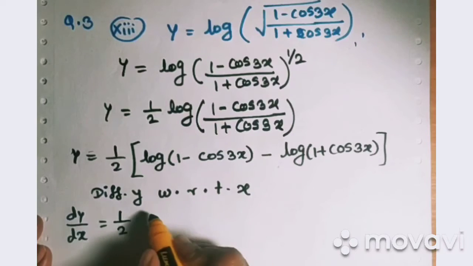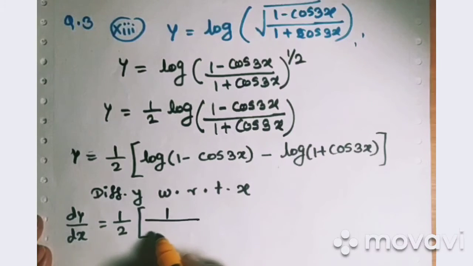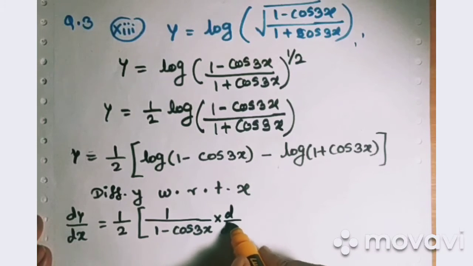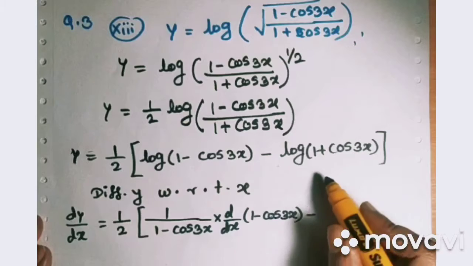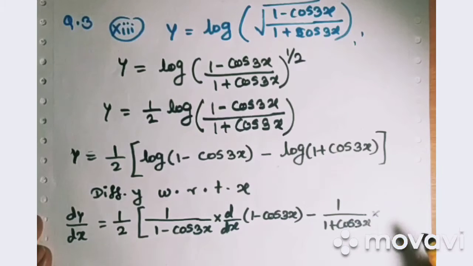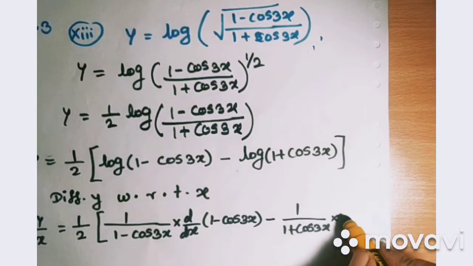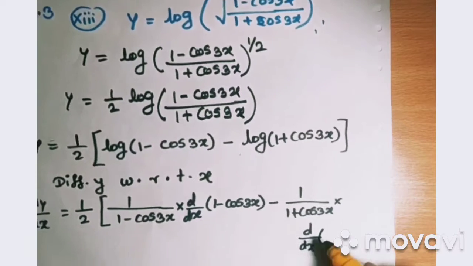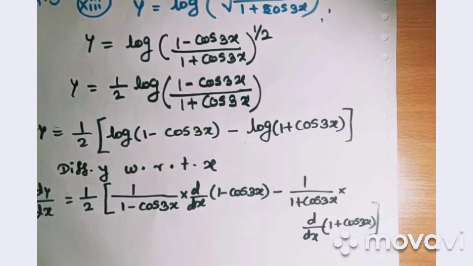Keep 1 upon 2 as it is, and the derivative of log of (1 minus cos 3x) is 1 upon (1 minus cos 3x), multiplied by the derivative of 1 minus cos 3x, minus 1 upon (1 plus cos 3x) multiplied by d by dx of (1 plus cos 3x). Complete the square bracket.